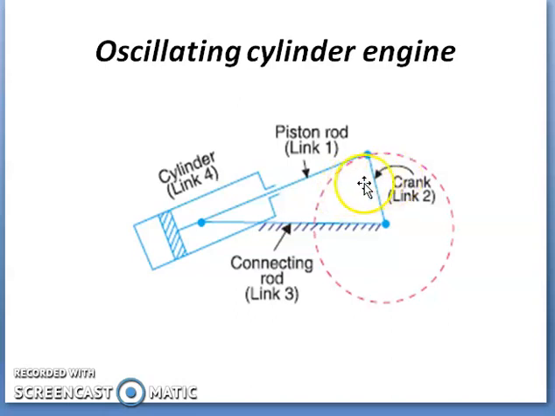Now what happens when the crank rotates? The crank is going to rotate, and that will cause link 1 to oscillate. As it oscillates, the piston will move to and fro within the cylinder, that is along link 4. But the cylinder will be pivoted, so the cylinder will oscillate about the frame.